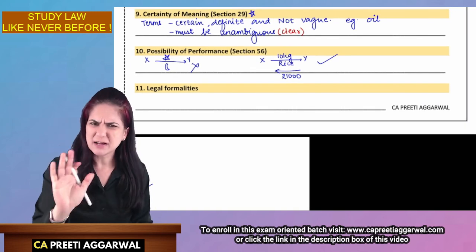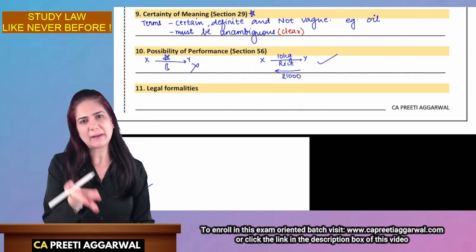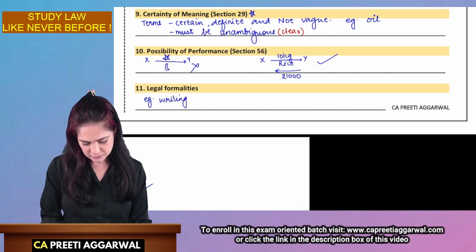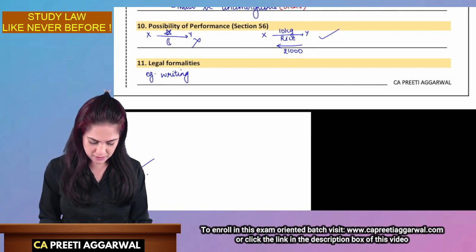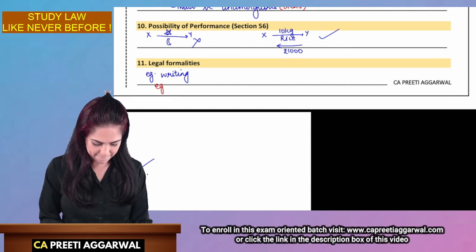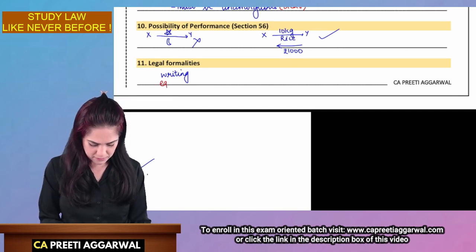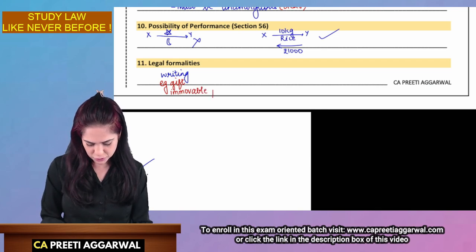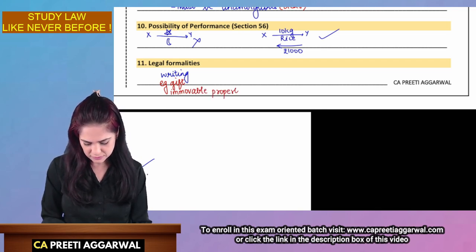In case there are legal formalities, then you need to comply with those legal formalities. Like, for example, law wants the contract to be in writing, compulsory, like gift that has to be in writing and registered, contracts of immovable property that also needs to be in writing and registered.